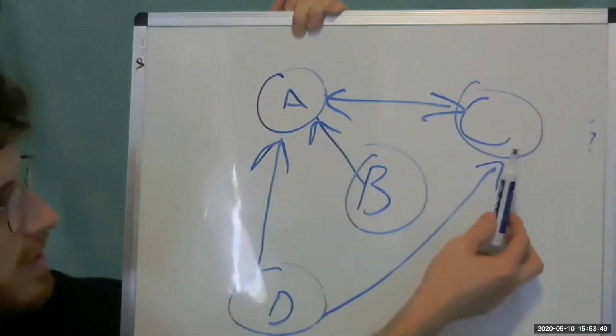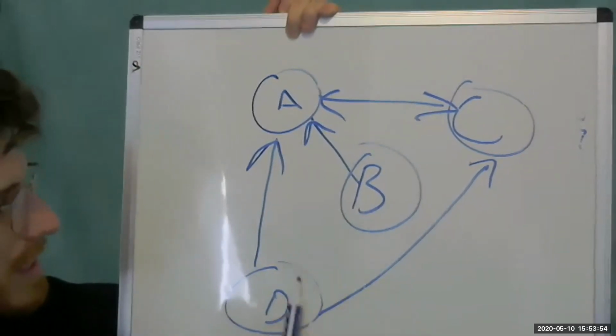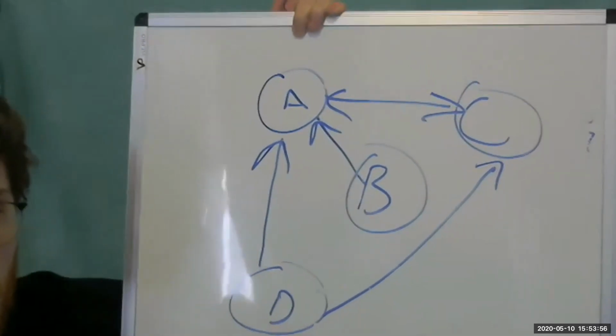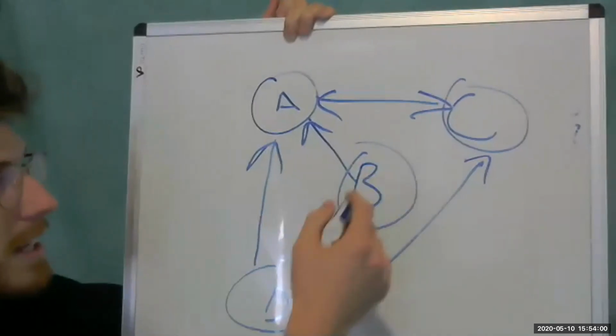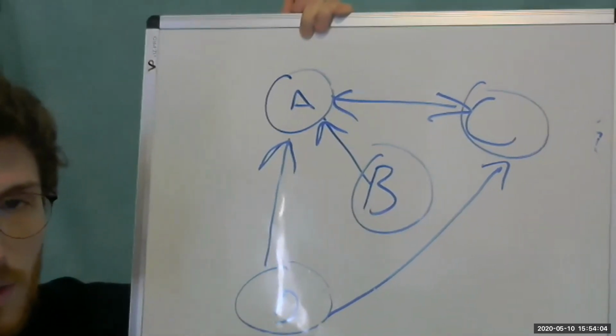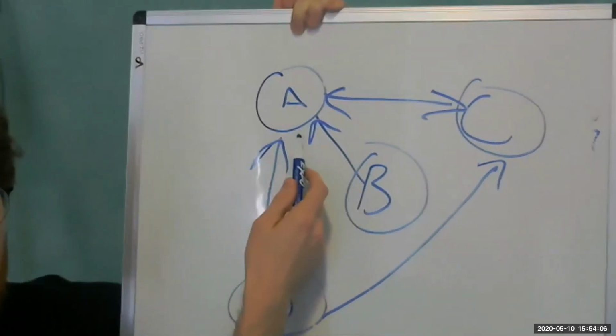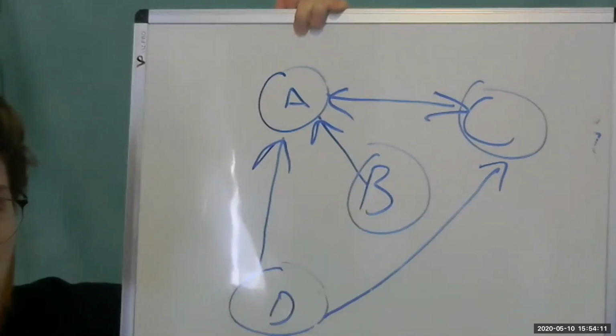Well, C might have some interesting people too, while B and D, nobody follows them. There are no relationships for that. So who am I paying to be my influencer on Instagram? I'm paying A, because everybody follows A. Why would I pay D?